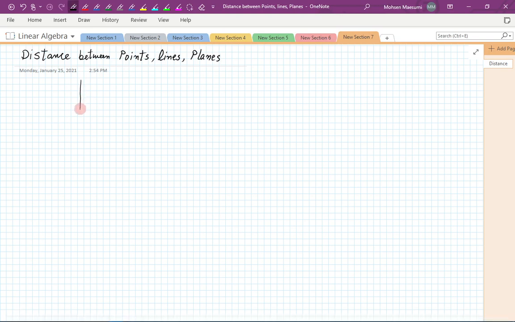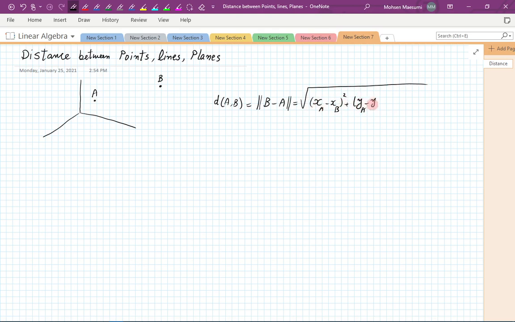So if we have 2 points in space, let's call them A and B, then the distance of A from B was the length of the vector, so B minus A or A minus B, and that was given by the Pythagorean formula, which asks us to subtract the x's, subtract the y's, and subtract the z's, square each, add up, and take square root.